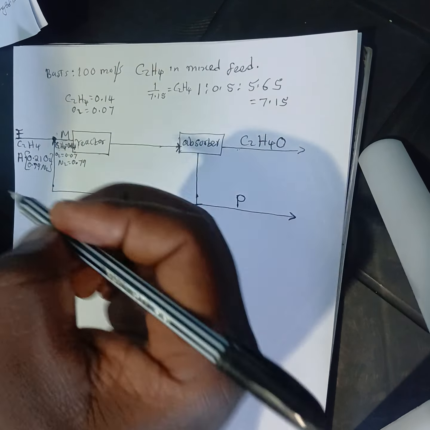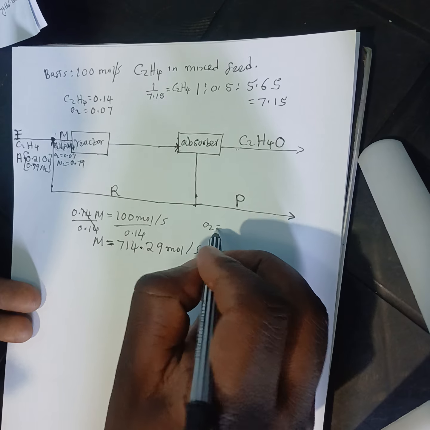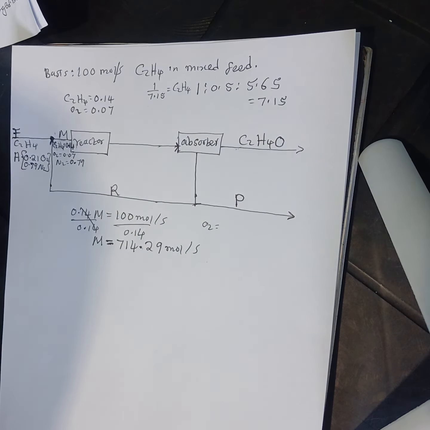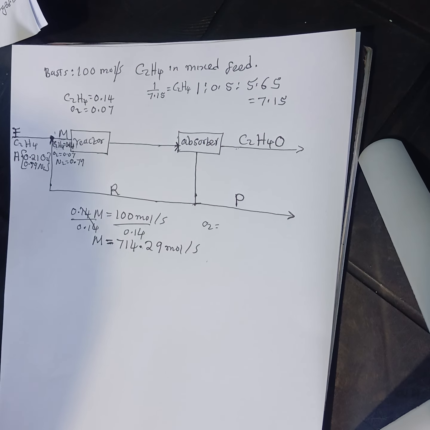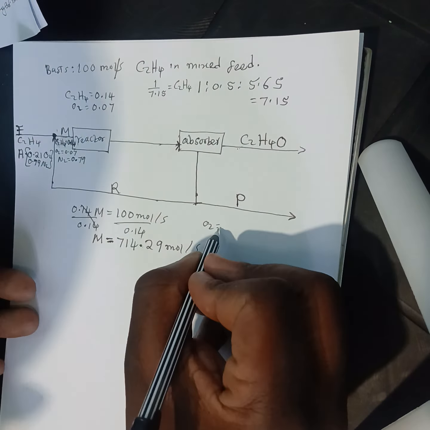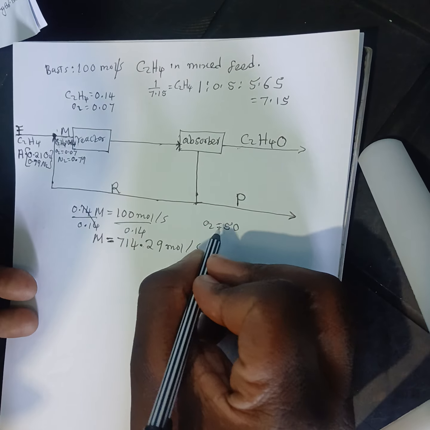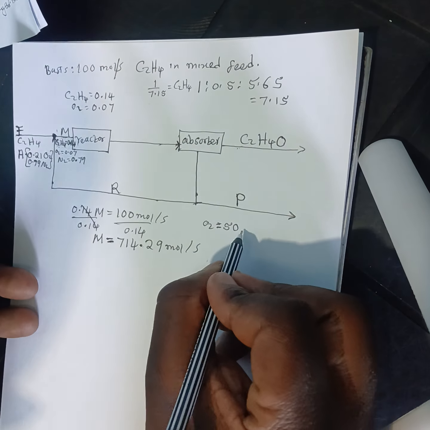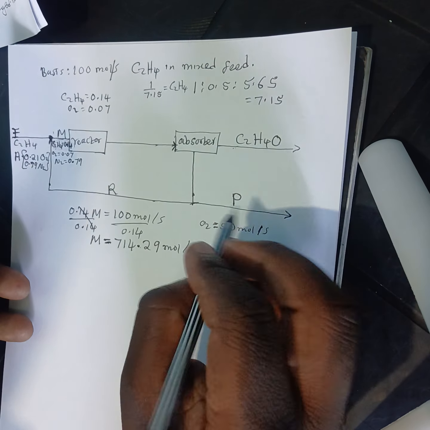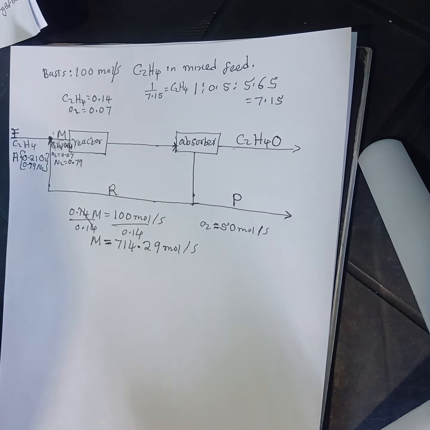How many moles of oxygen do we have going into the reactor? Moles of oxygen is 0.07 times 714.29, which gives us 50 moles per second.